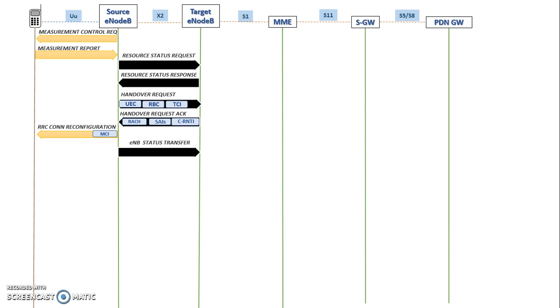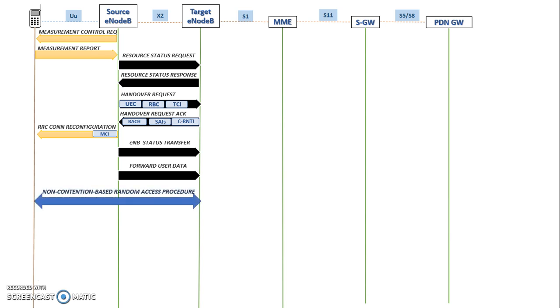Then the eNode B status transfer message is sent by the source eNode B to the target eNode B to transmit the hyperframe number (HFN) and packet data convergence protocol status of the E-RABs. The source eNode B sends user data to the target eNode B.